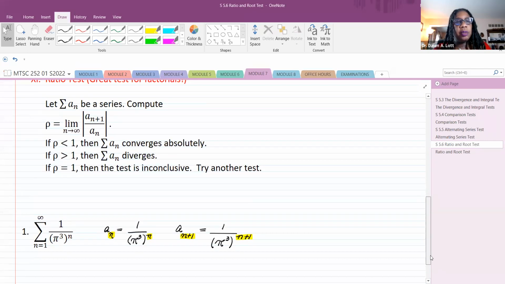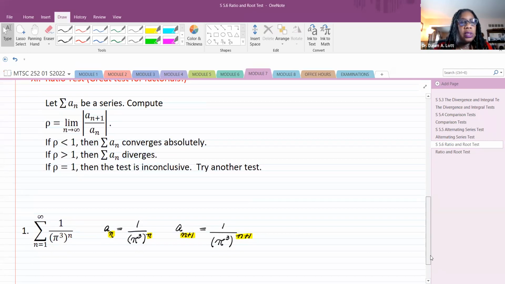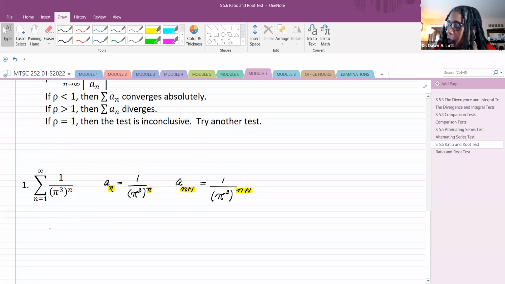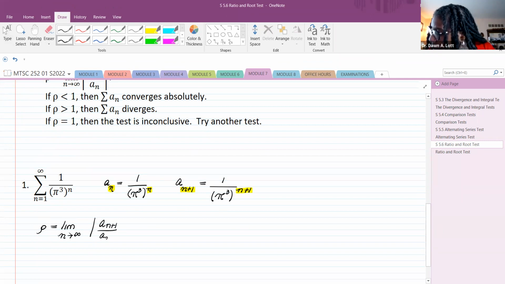Okay, so it tells me to compute rho, which is the limit as n approaches infinity of the absolute value of a_(n+1) over a_n. Okay, so let's look at that. So rho is the limit as n approaches infinity of the absolute value of a_(n+1) divided by a_n.